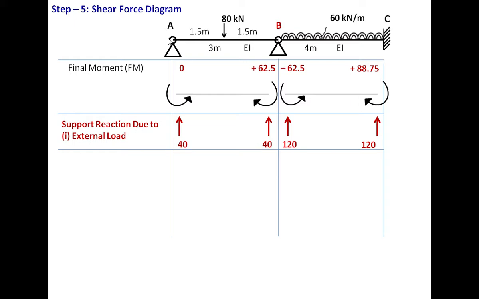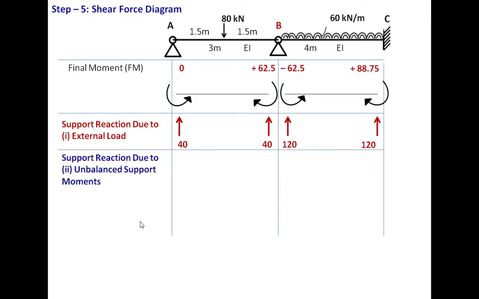The 80 kilonewton load acting at the center gives a reaction of 40 and 40. The 60 kilonewton per meter load throughout the 4 meter span gives a reaction of 120 and 120. So this is the first step, reaction due to external load.